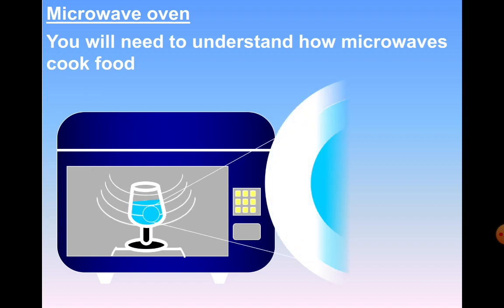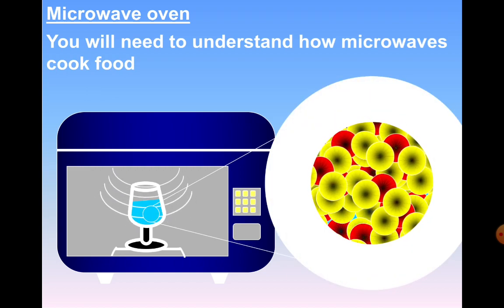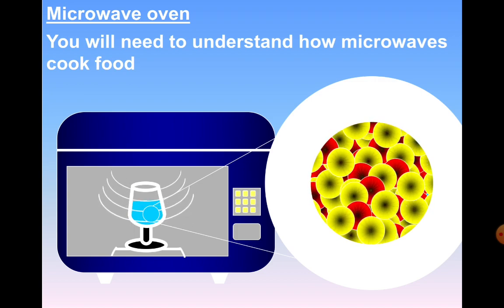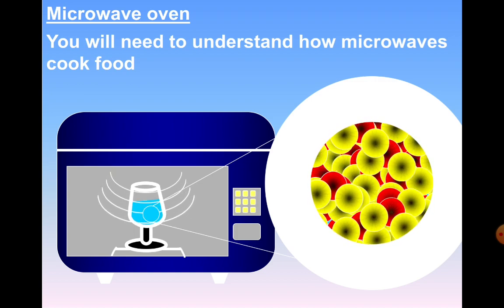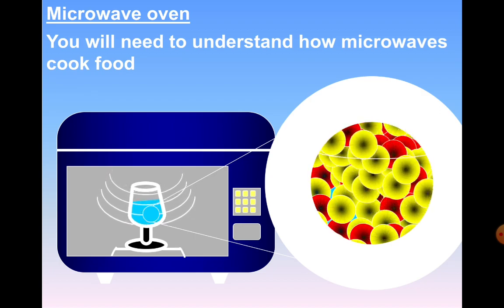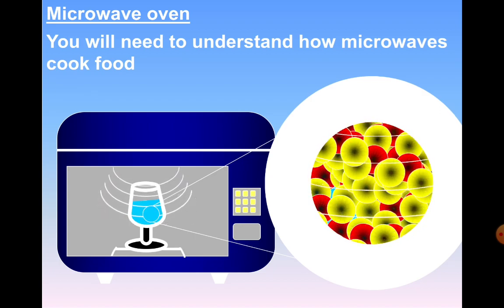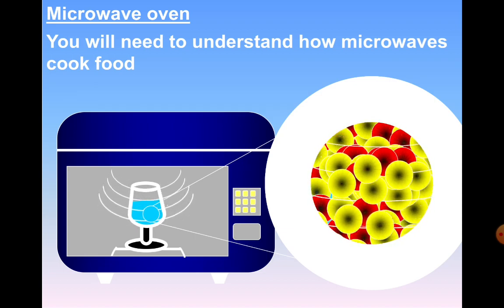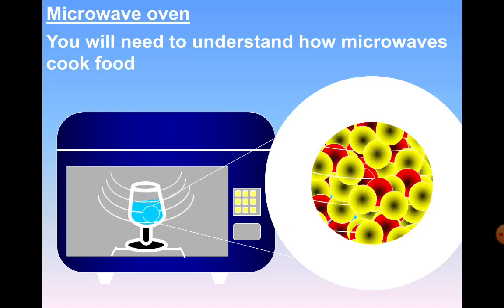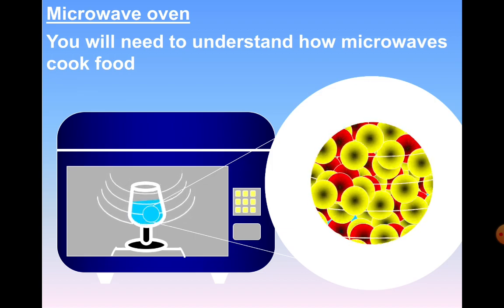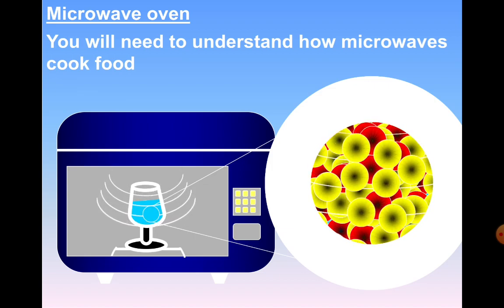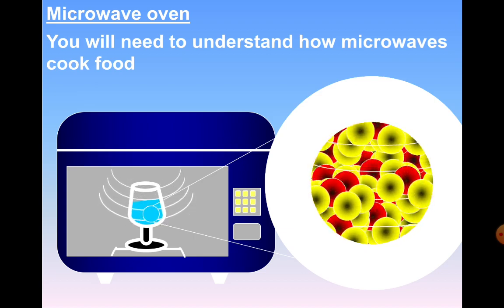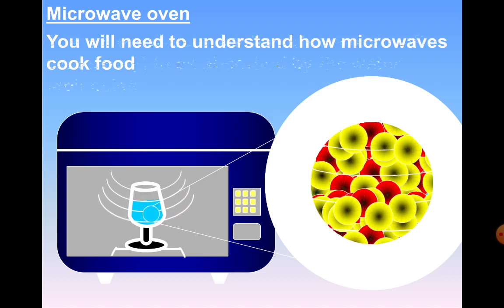So, how do we cook food? You have the microwave, you have a glass of water, or something different which contains water. And what is happening is that there's a high vibration, exactly the resonance frequency of the different bonds between the oxygen and the hydrogen in the water. It's going to heat up, and then it will heat up the rest of the food.